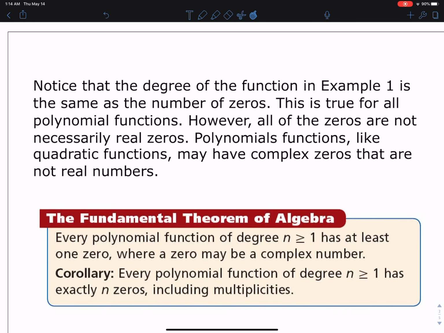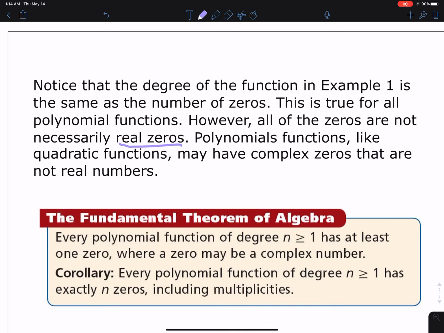All the zeros are not necessarily real zeros. Everything that we've looked at so far, we've had real zeros. We've had things like x equals 4, or x equals negative 2, or even when we used the quadratic formula, we got x equals 1 plus the square root of 5, and 1 minus the square root of 5. So all of those are real.